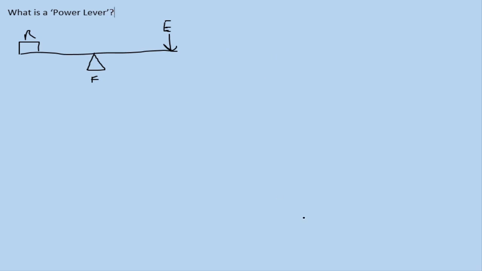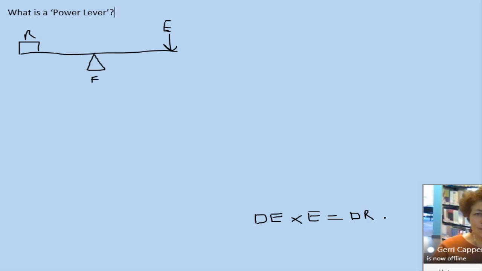And the equation is, D is going to stand for distance. The distance of the effort times the effort is the same as the distance of the resistance times the resistance.